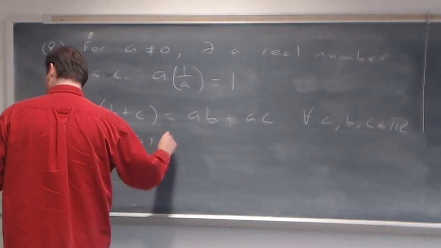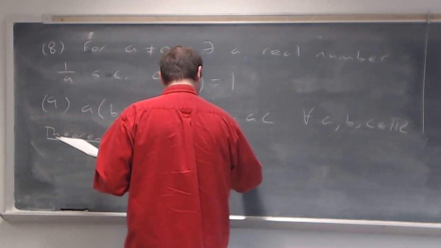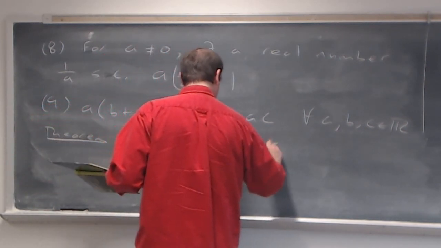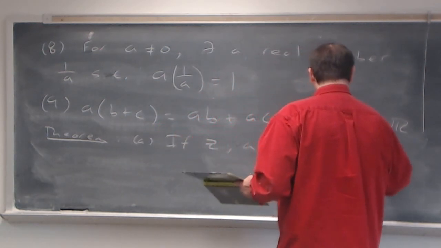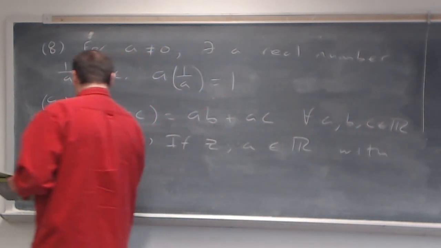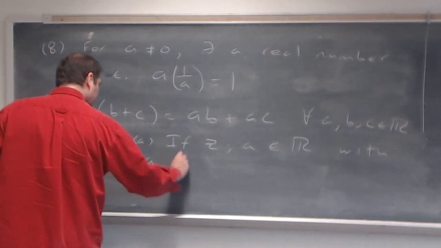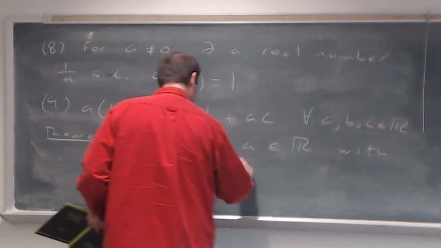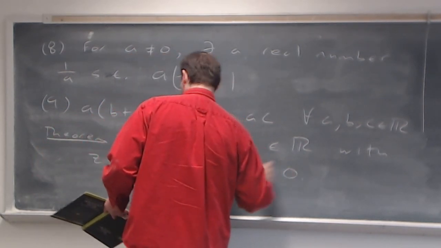It's got 3 parts. It says, if Z and A are elements of R, with Z plus A equal to A, then the conclusion is that Z equals 0.